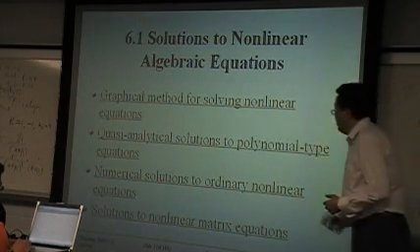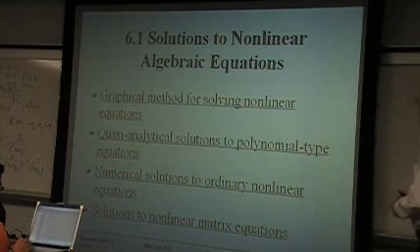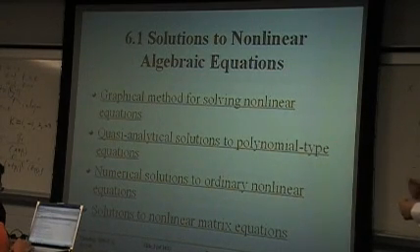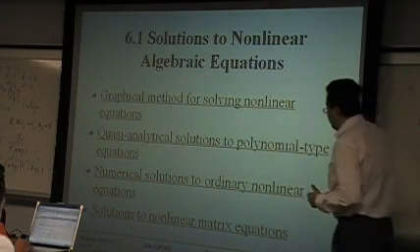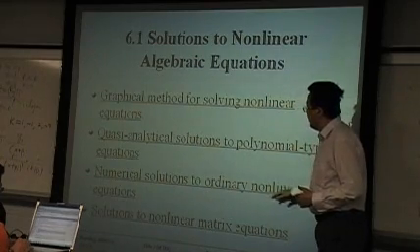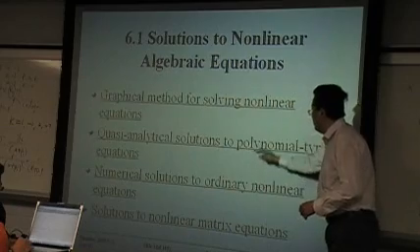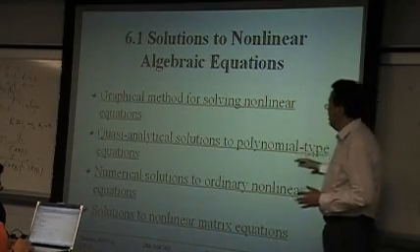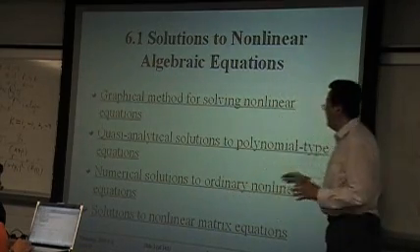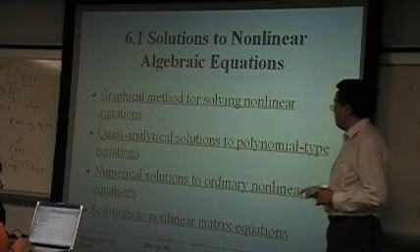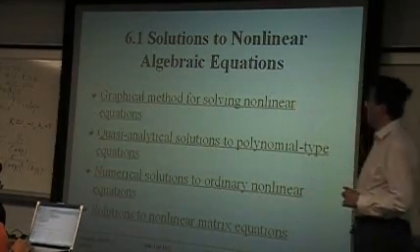And then we want to talk about how can we find the numerical solutions to ordinary nonlinear equations, which are the extension to polynomial type of equations, which refer to any nonlinear algebraic equation. How can we find the solutions to them?